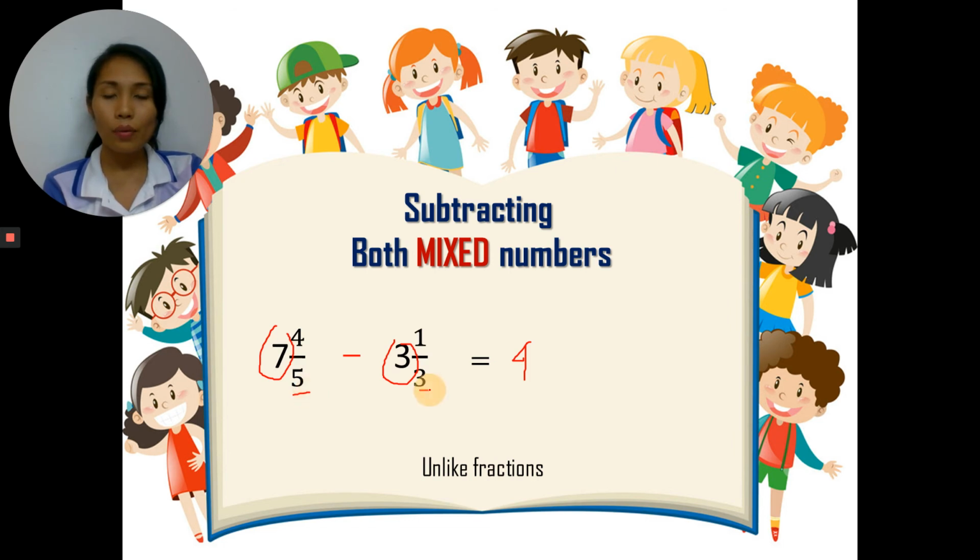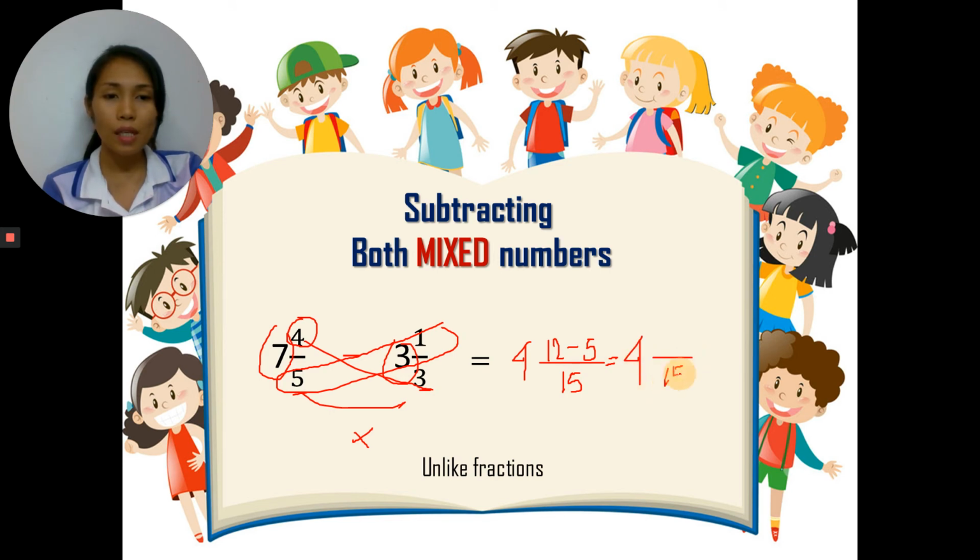Now, since our denominators are not the same, they are unlike fractions, so let's try the easier method, which is the cross multiplication. 5 times 3 equals 15 as our denominator. Now, as I've said, always start with the fraction on the left. 4 times 3 equals 12 minus 5 times 1 equals 5. Now let's see 4 as a whole number.